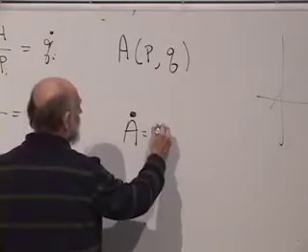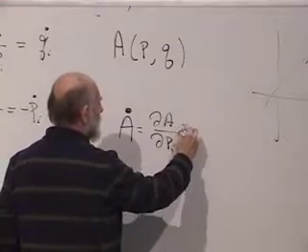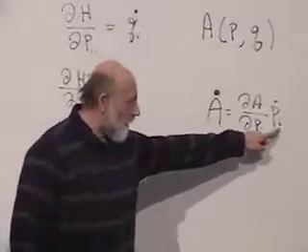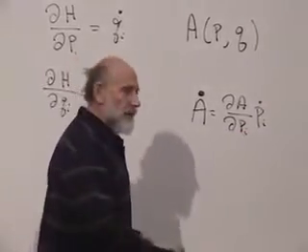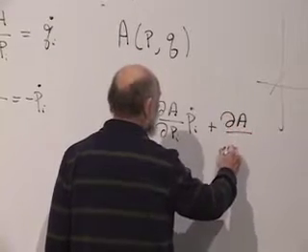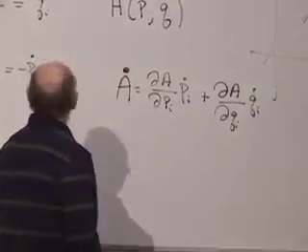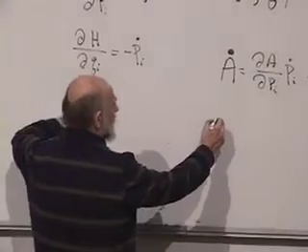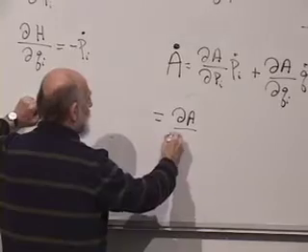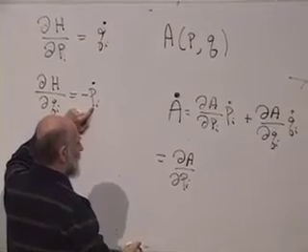Well, that's going to be the derivative of A with respect to p_i, times p_i dot. And when I write a thing like this, you can assume that I mean sum over i. I'm not going to explicitly write all the summation signs, plus the derivative of A with respect to q_i times q_i dot. But now let's use Hamilton's equations. This becomes the partial of A with respect to q_i, times, looks like there's a minus sign here.